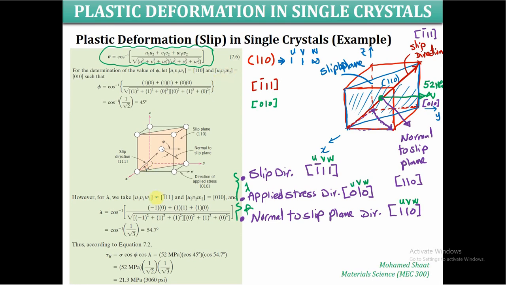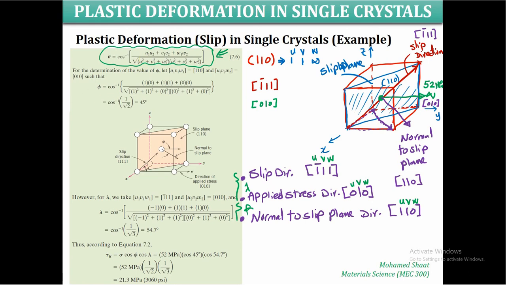So the angle between them is given by U1 U2 plus V1 V2 plus W1 W2, divided by the square root of U1 square plus V1 square plus W1 square, times U2 square plus V2 square plus W2 square. U1 V1 W1 are the three indices of the first vector, and U2, V2, W2 are the three indices of the other vector. If you plug these indices into this expression, you're going to end up with the angle directly.